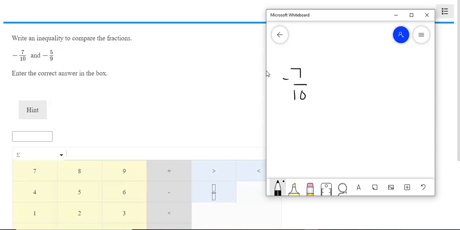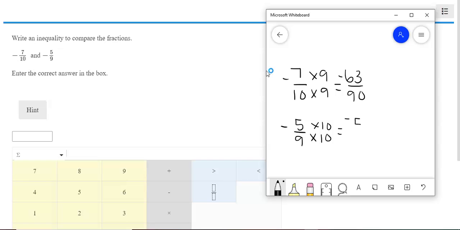So 7 over 10 times 9 equals 90. 7 times 9 is 63. And then we have -5/9, so times 10. So -50 over 90. -63 is farther away, so that is going to be less than on this one.